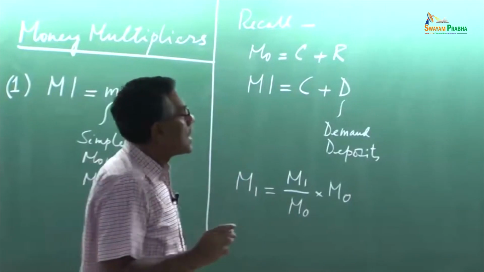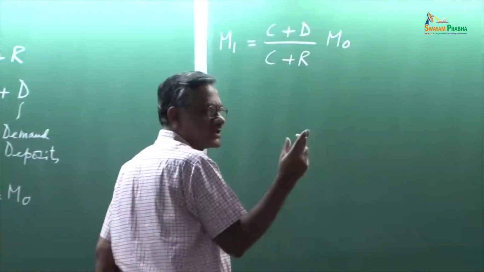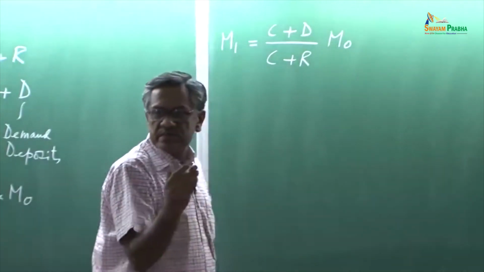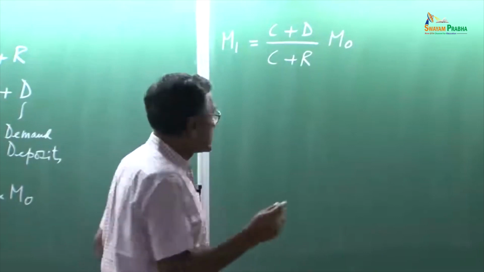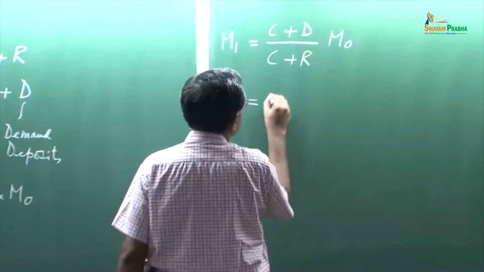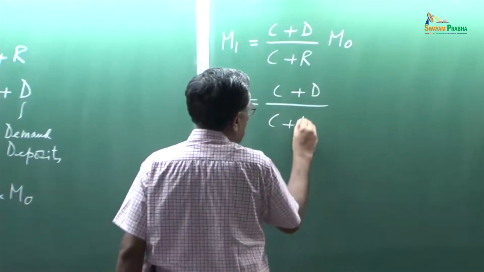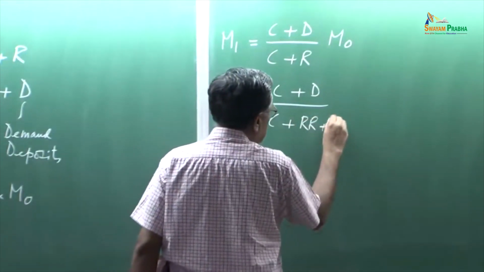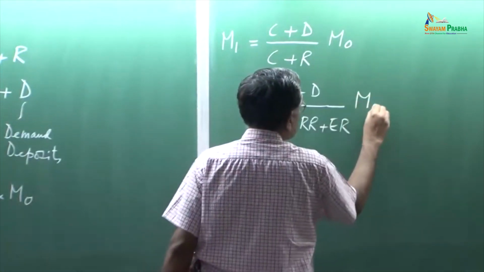Now, R has two types. R has two reserves. One is the required reserve, the CRR, and another one is cash with banks called excess reserves. So, this can be rewritten as C plus D divided by C plus RR plus ER, into M naught.